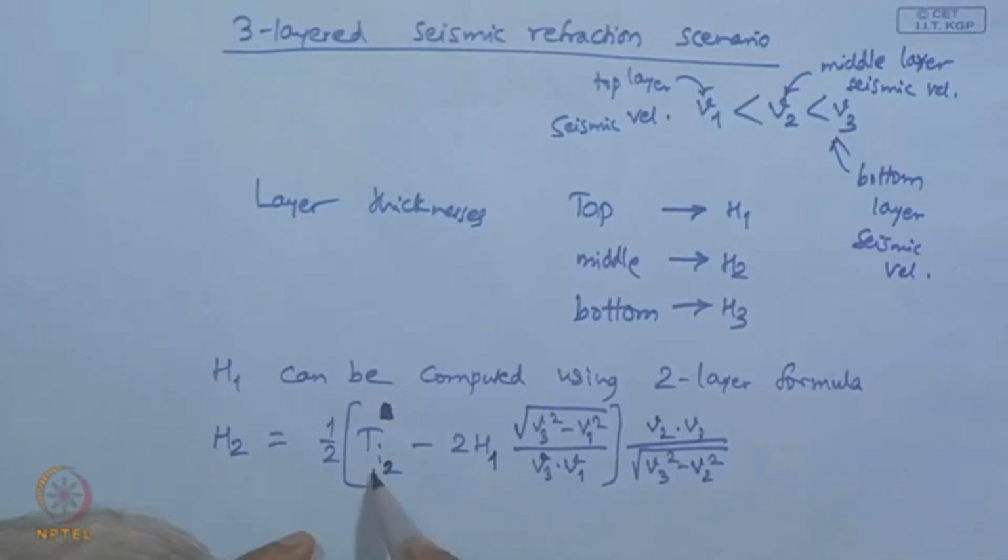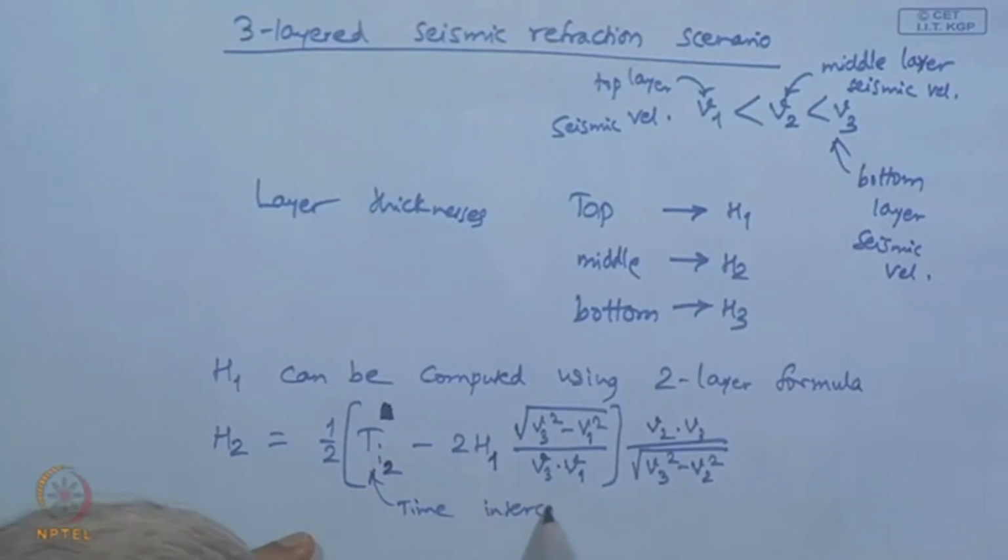So this Ti2 is the time intercept of the V3 line.